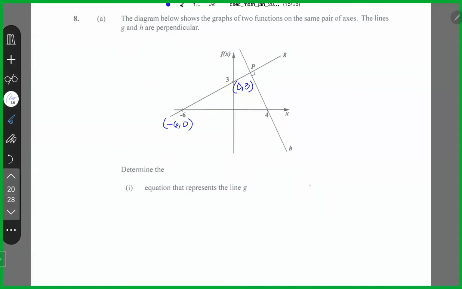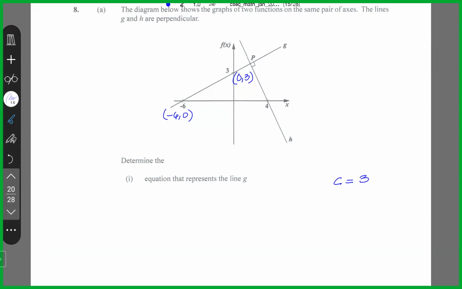The y-intercept c, we know from inspection, is 3. The line G cuts the y-axis at 3. What we need now is the gradient.